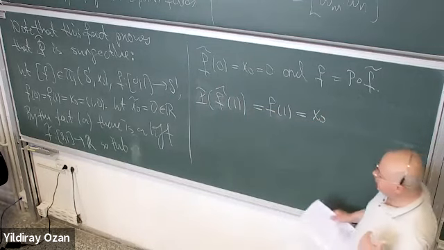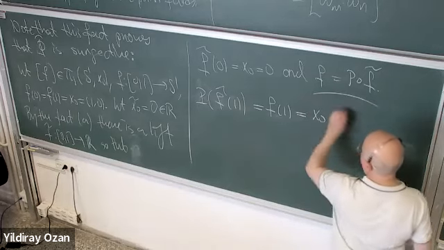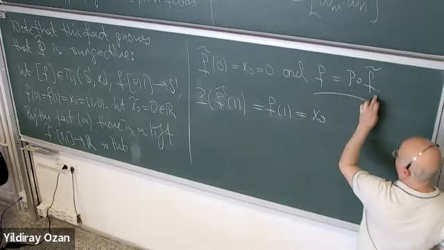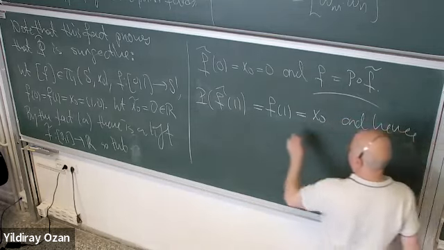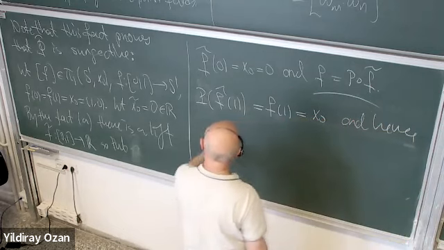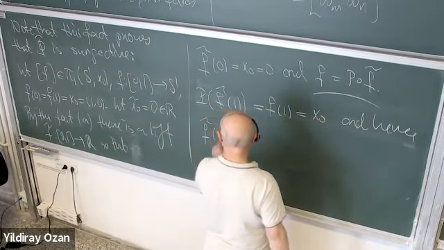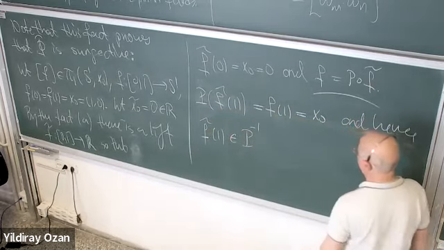Because the fact tells me that I have this, therefore P of F tilde 1 is just F of 1, and it is this one. Hence, this point is in the pre-image of x0.